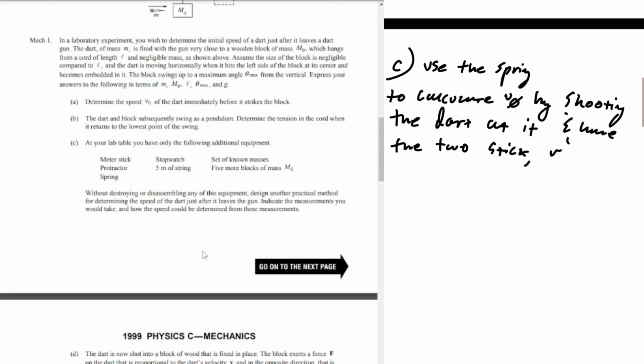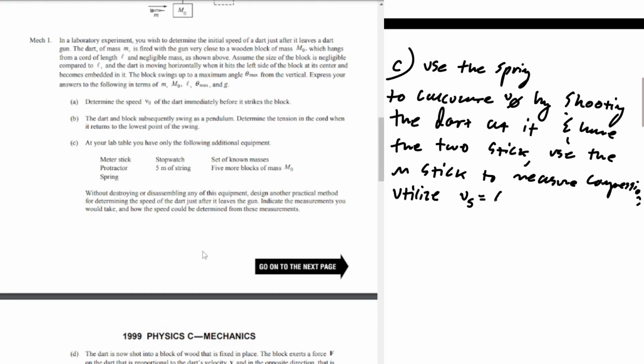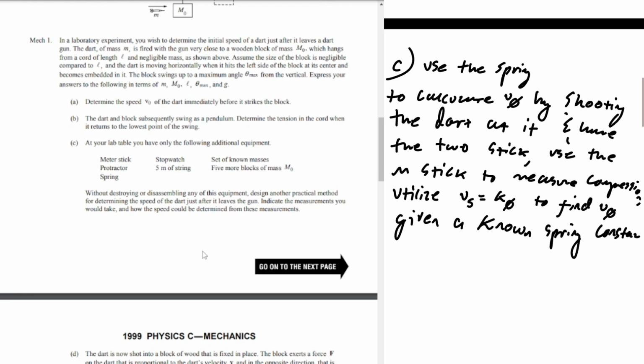Use the meter stick to measure the compression. Utilize US equals, so this is just a conservation of energy, to find V naught given a known spring constant. I hope that makes sense.